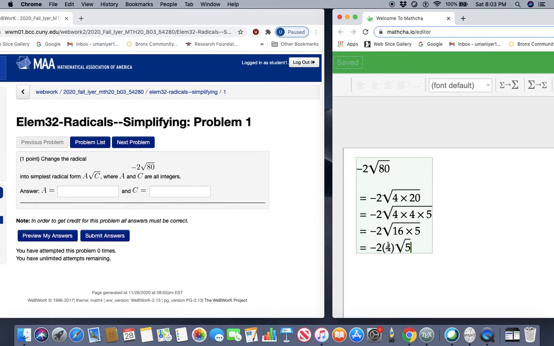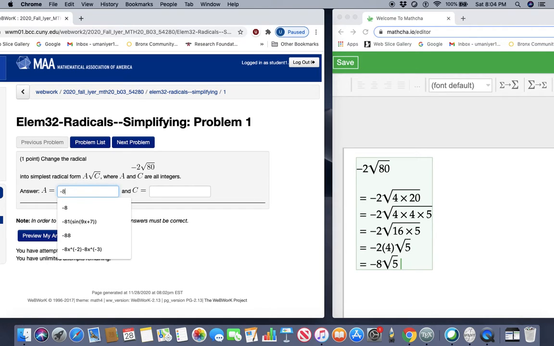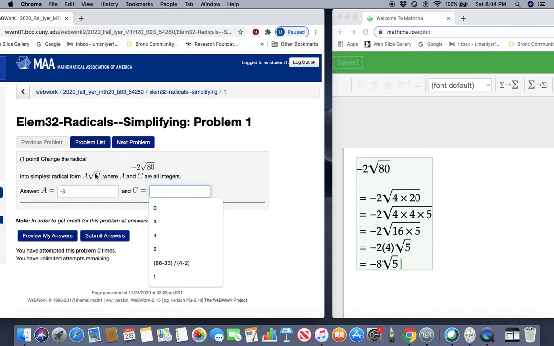Square root 16 is 4 outside. Square root 5 cannot be improved. So that is negative 8 square root 5. So a is negative 8. C is the radicand. In our case, it's 5.